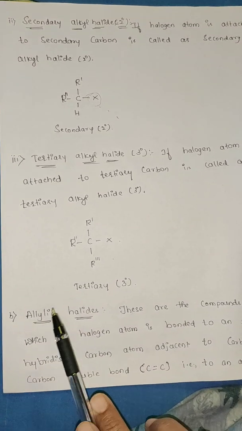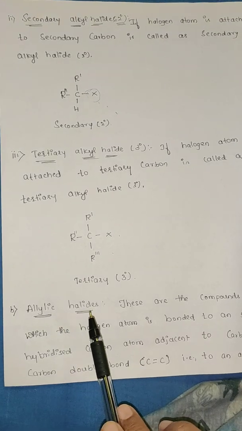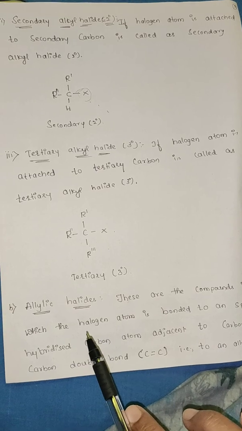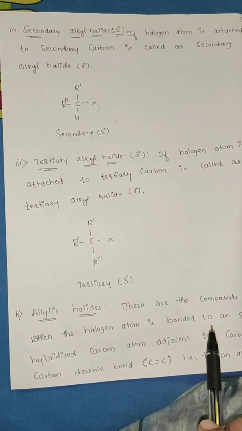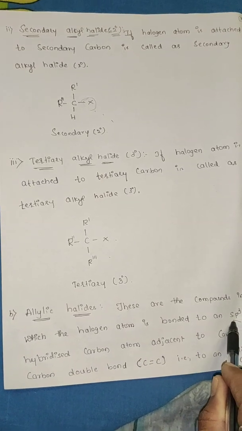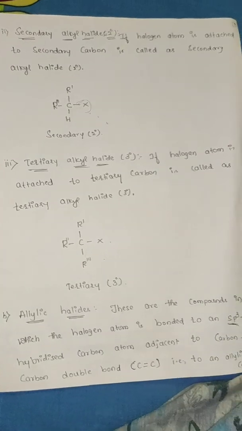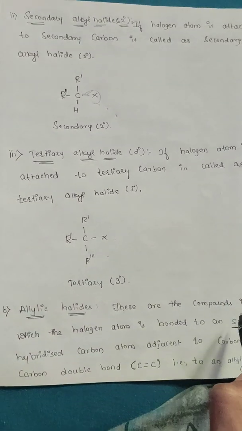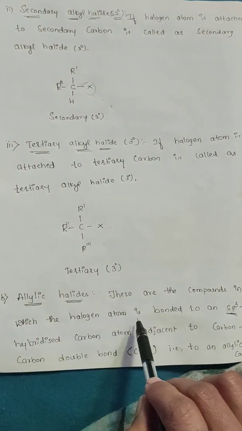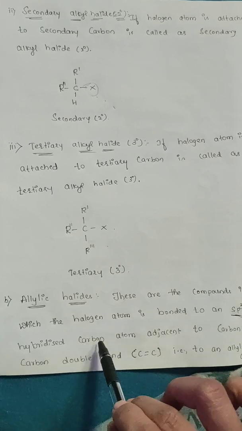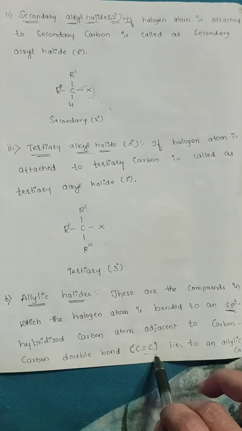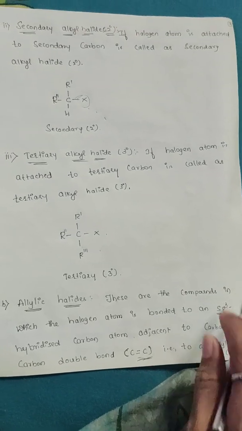Next, the first one is alkyl, the second one is allylic halide. Allylic halides are compounds in which the halogen atom is bonded to an sp3 hybridized carbon atom adjacent to the carbon-carbon double bond, that is, to an allylic carbon.